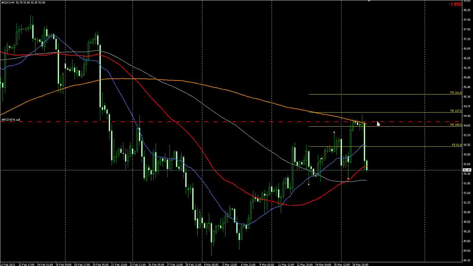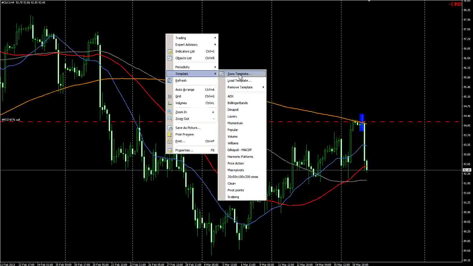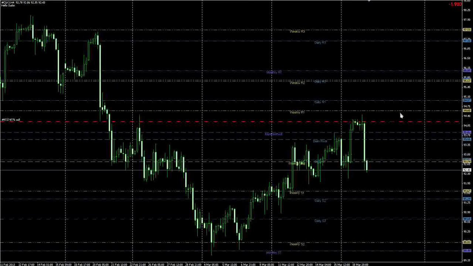So this adds resistance to the testing of this moving average, this candlestick here that I will highlight for you. This one is a doji candlestick pattern. And also on this same zone we have the weekly resistance 1, and the market has almost tested this with this doji candlestick.